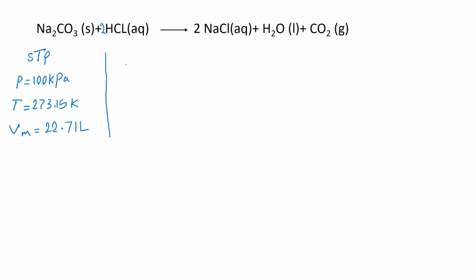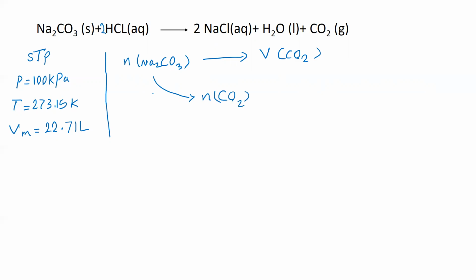Now, we calculated the number of moles of Na2CO3 in the previous question. So I have moles of Na2CO3 and I want to find the volume of CO2. From moles of this to volume of this one, definitely the first step is I need to find the number of moles of CO2.